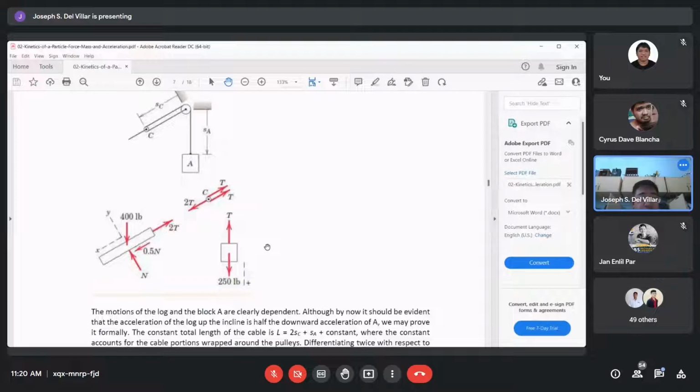So, the constant total length of the cable. Take a look at the cable. So, we have S sub C plus S sub A. Let L be the total length.